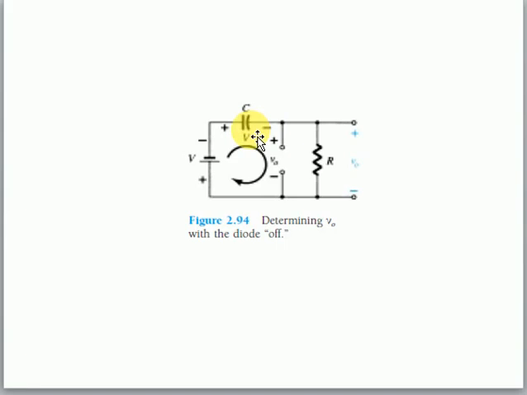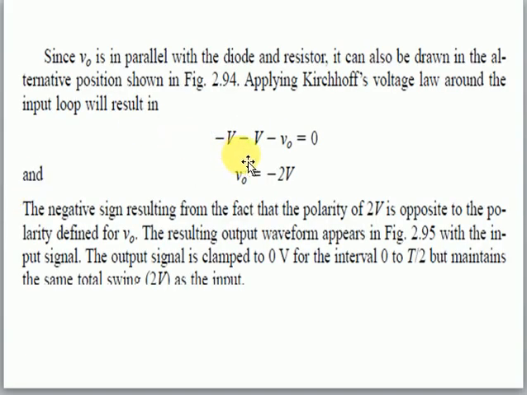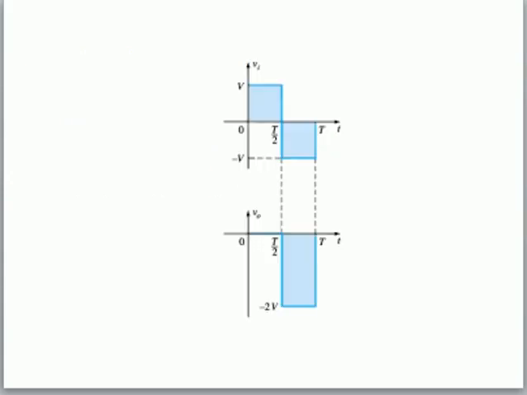In the last step we calculated Vc, and Vc is equal to V. By putting the value here, minus V minus V minus V naught is equal to 0, so V naught is equal to minus 2V. So the output will be 0 during the positive cycle, and during the negative cycle we have the output of minus 2V.